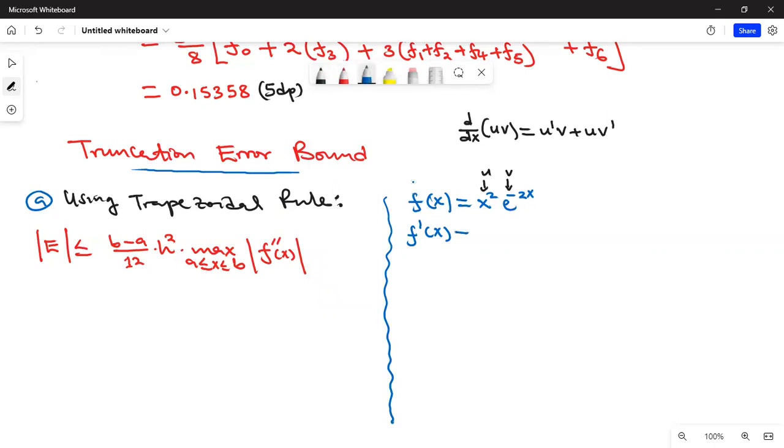So here, this will give us 2x exponential negative 2x plus now x squared times negative 2 exponential negative 2x. If I simplify this, I'm going to get 2 into (x minus x squared) exponential negative 2x. Let's get the second derivative, f double prime of x.